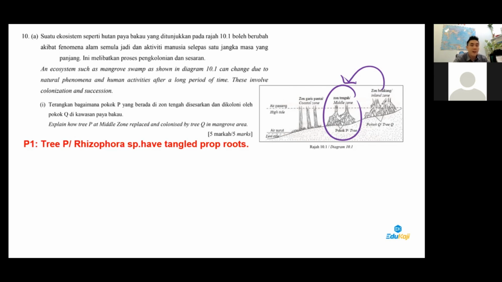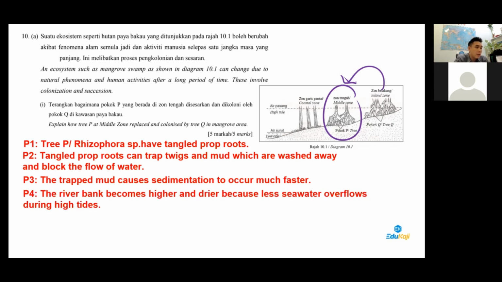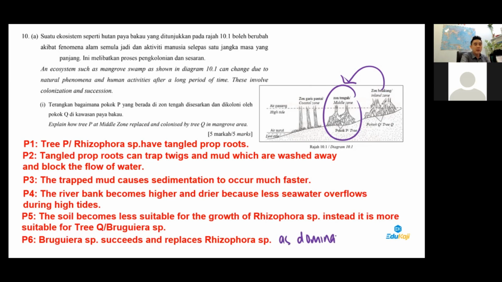Okay, so they have prop roots, and this causes mud to be trapped, sedimentation occurs, riverbank becomes higher, drier, so it becomes more suitable for tree Q, which then succeeds as the dominant. It will move in to succeed tree P as the dominant species. Okay, because Rhizophora is a species, then Bruguiera is a species on its own.